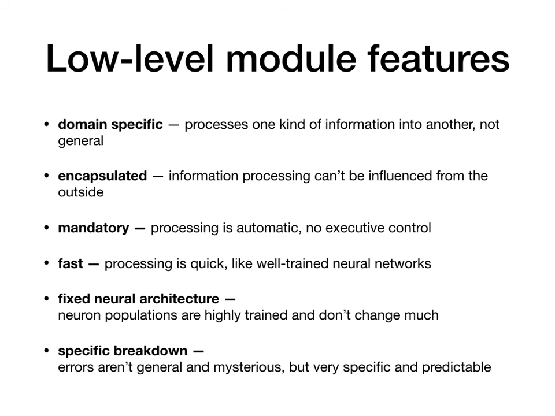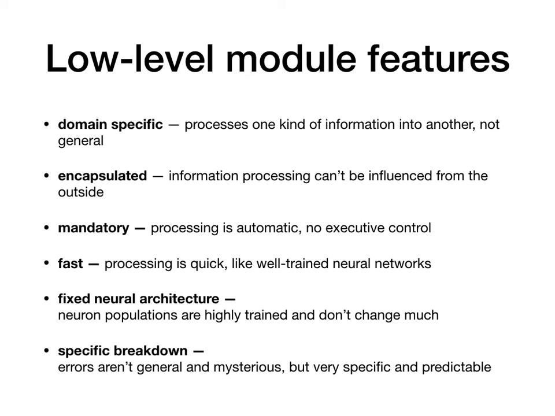So let's look at different low-level module features. This is Fodor's approach to saying, okay, what can we say must be the features of any low-level module that we want to propose exists, right? So this is sort of like he's defining the outline of the whole thing.